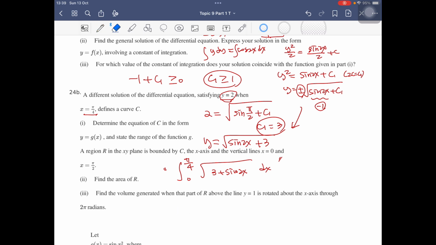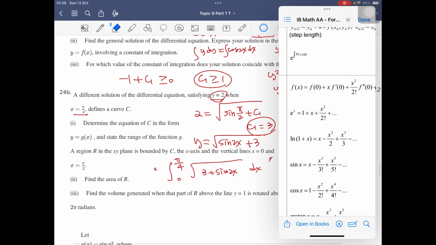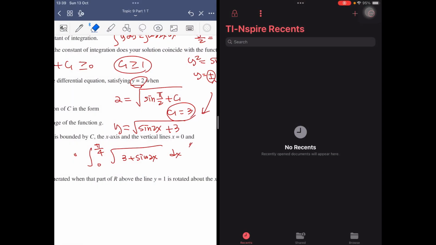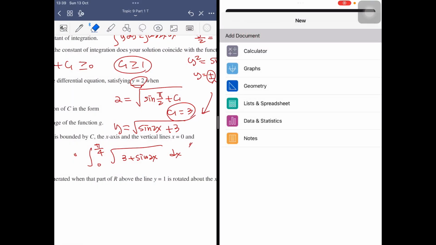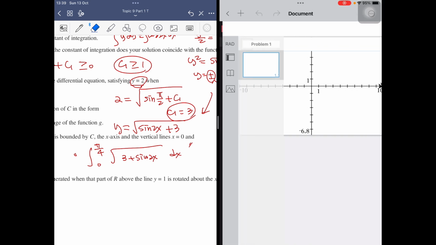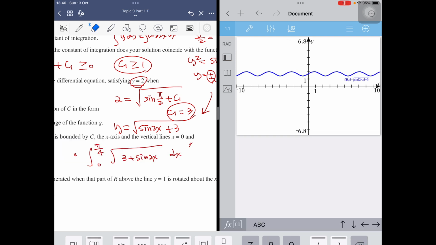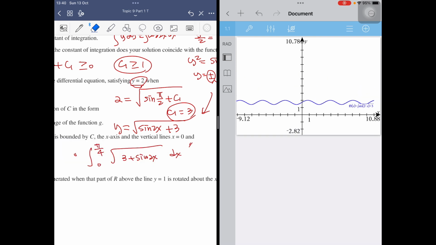Okay, this is a little bit tricky. I think we need to draw the graph to see how we can compose the equation. So let's make it the square root of sine 2x plus 3. So this looks like this.